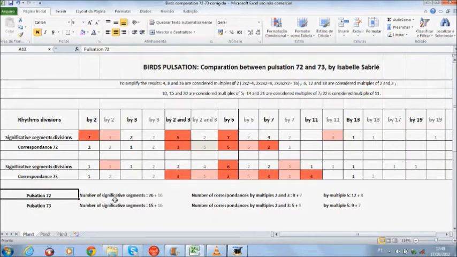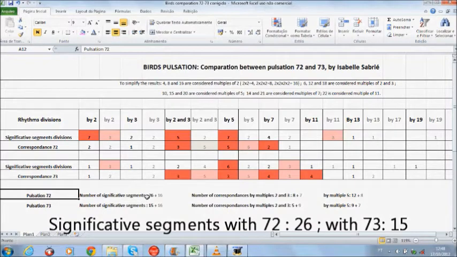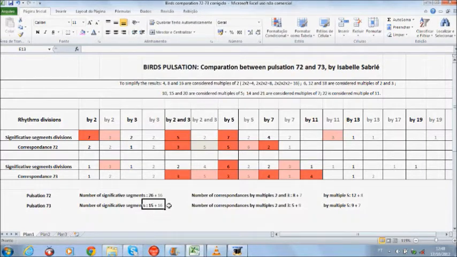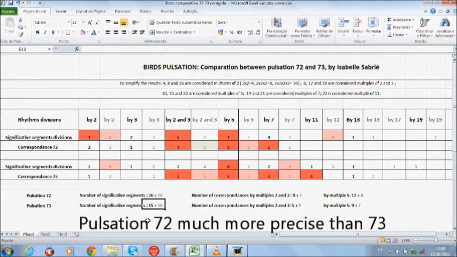The number of significant segments with the pulsation 72 is 26 to only 15 for the pulsation 73. And for the less exact coincidences, we have 16 to 16. So we may already say that the pulsation 72 is much more precise than the pulsation 73.